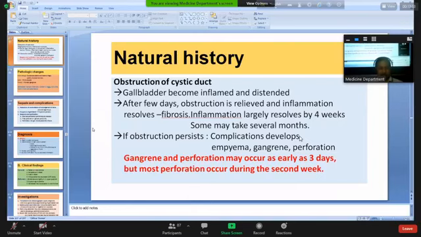But sometimes obstruction persists, and if it persists, it develops empyema, that is accumulation of pus. It might develop gangrene, or in the gangrenous part there is development of perforation. So gangrene and perforation may occur as early as 3 days, but most perforations occur during the second week of initiation of the acute inflammation.